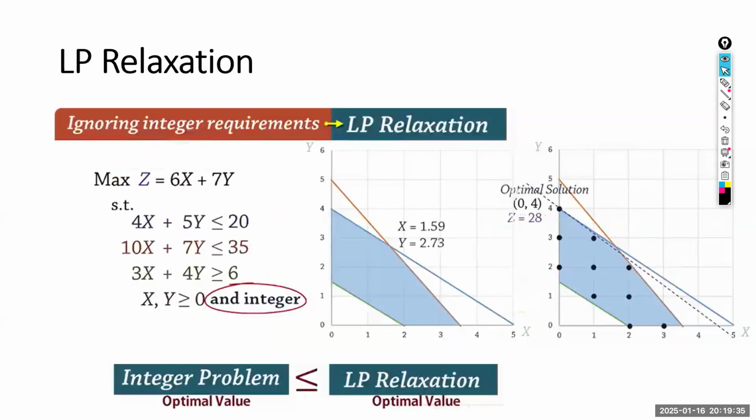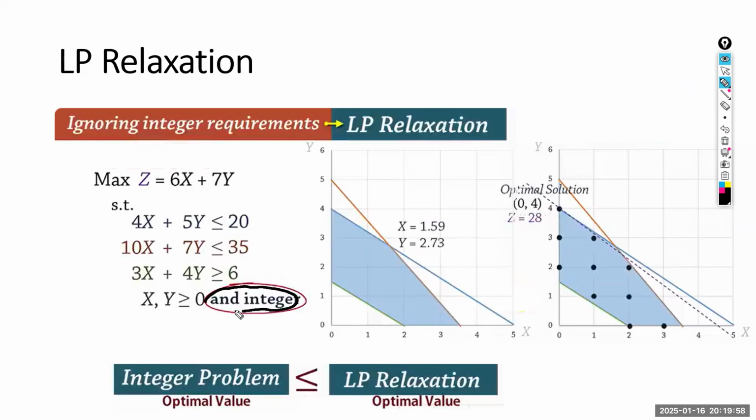Right. So now how do you solve this kind of problem? Here we do something called LP relaxation. That means first we solve this ignoring the integer requirement.